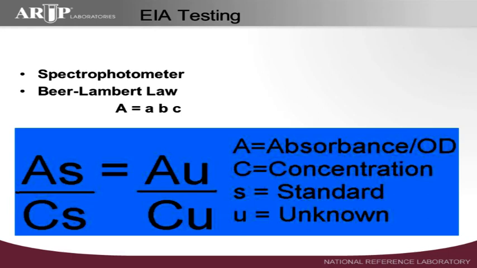The same amount of light does not come out on the other side, and we measure what is not on the other side of that well, and we can actually tell how dark or how colored that reagent is with this simple little equation here. But it's proportional, so the more color you have in a well, the higher the antibody concentration in theory, right? It's not always true, but theoretically that's correct.